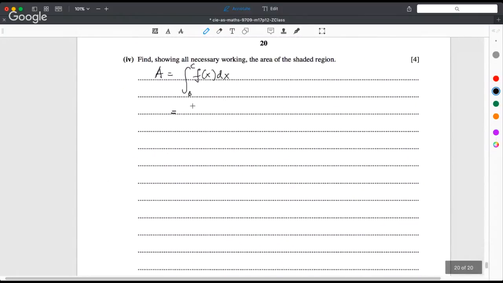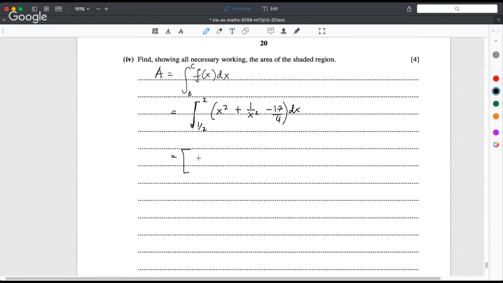And so this is going to be the integral from the x value at b, which is 1/2, to the x value at c, which is 2, of the function f of x, which is x squared plus 1 over x squared minus 17 over 4, dx.